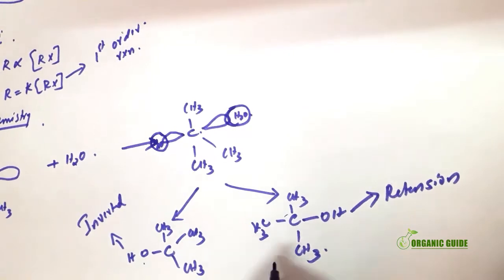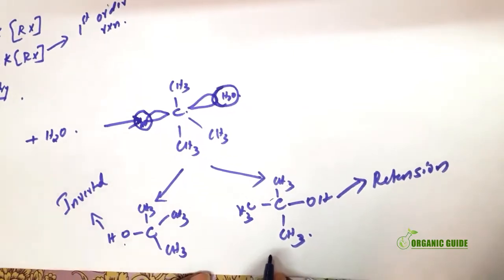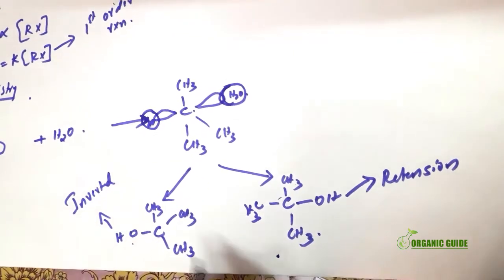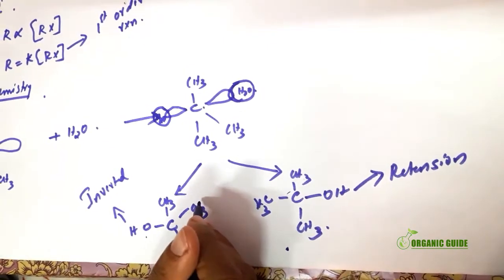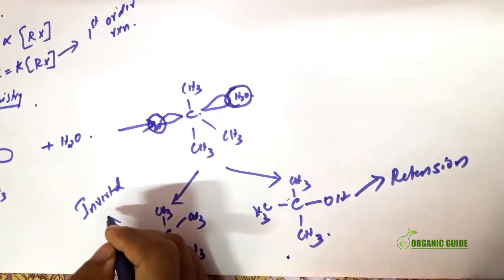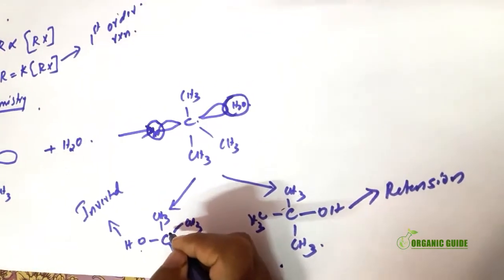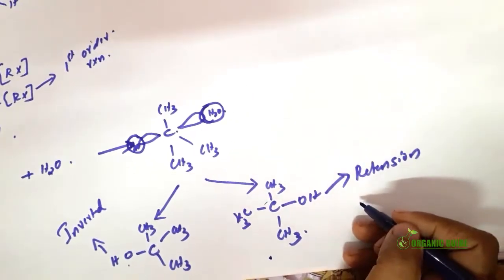Front side attack and rear side attack will equally occur in this SN1 reaction, and the inverted product will be slightly more than the retained product.